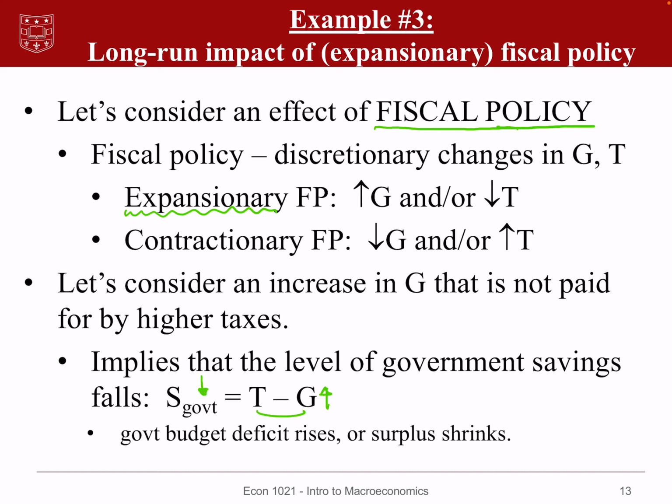Or in other words, if there is a budget deficit, the budget deficit gets bigger, and if there's a surplus, the surplus gets smaller. So before we leap into the graphical analysis of this, I'm going to discuss this in words and then with a fairly silly example and then go to the graph.